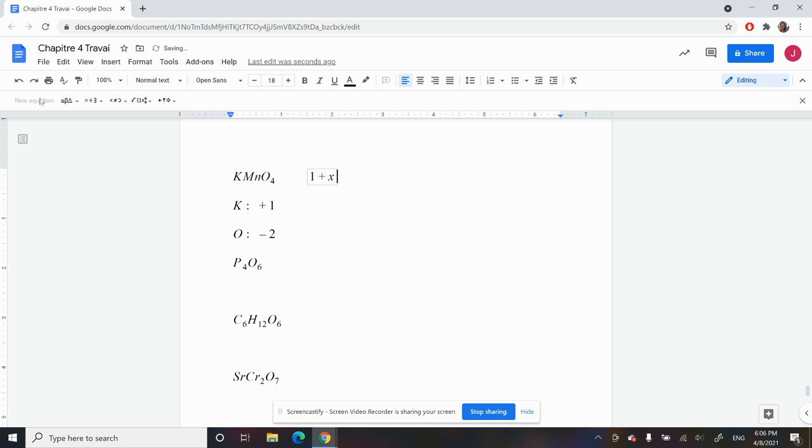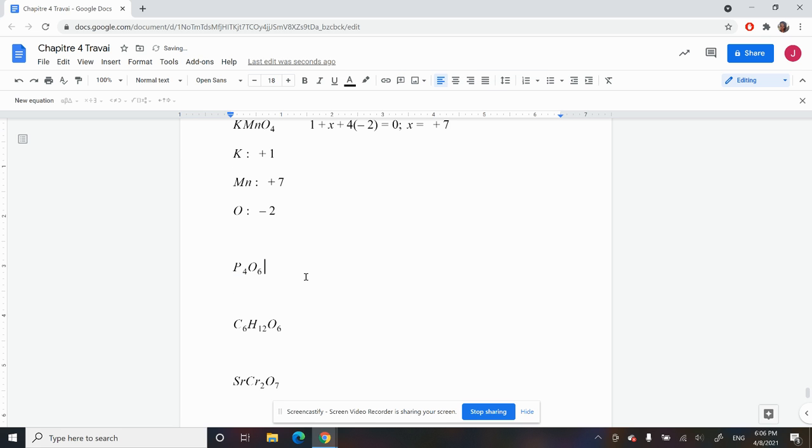I'm going to call it X. The sum of the oxidation states of all of the atoms is equal to 0, since this doesn't have a charge. With a little bit of algebra, I get that X is equal to +7. So the oxidation state of manganese is +7.